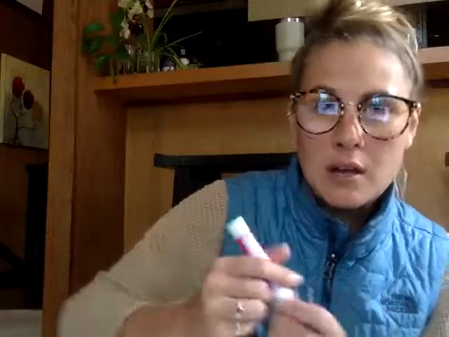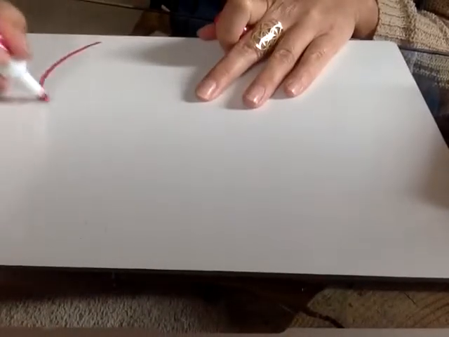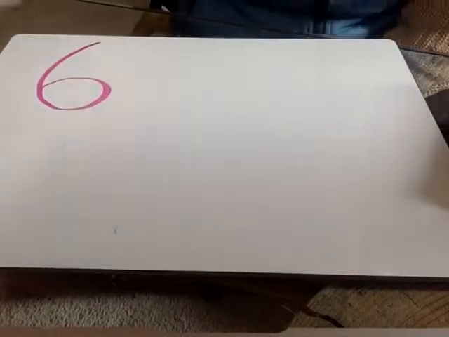So 64. So I know 10, 20, 30, 40, 50, 60 is the number 6. So I'm going to go ahead and write the number 6. I'll show you. I can do it upside down. 6, okay? Now I have to listen to the next part of the number, 64.